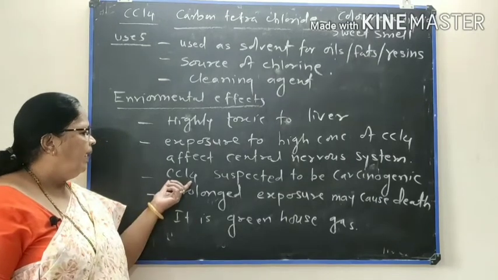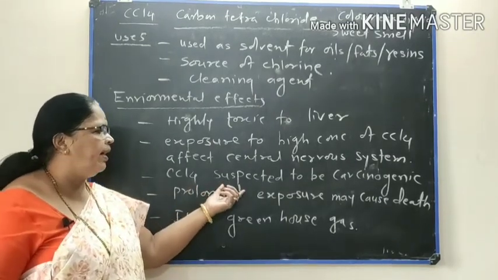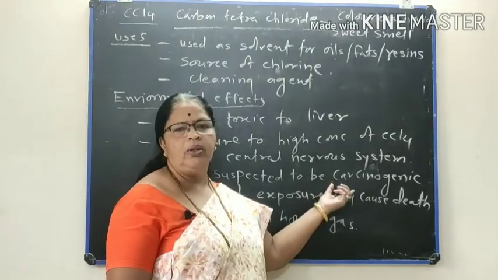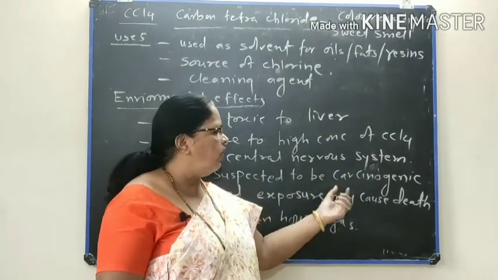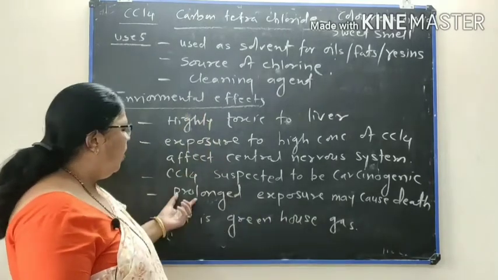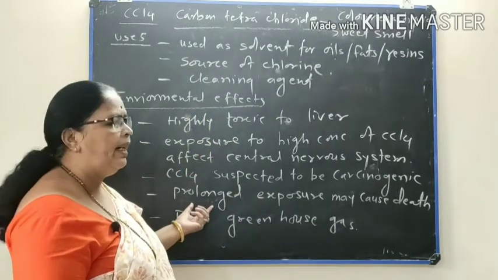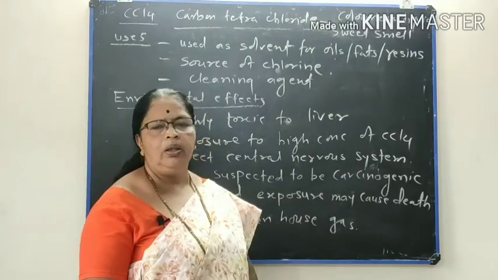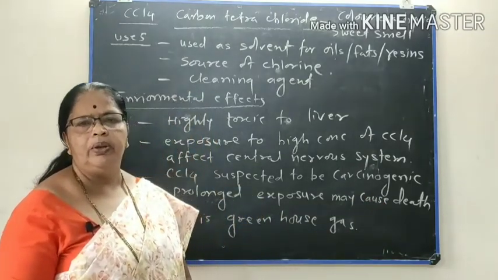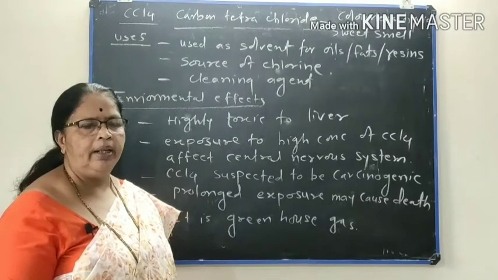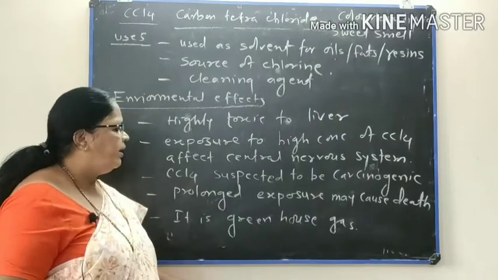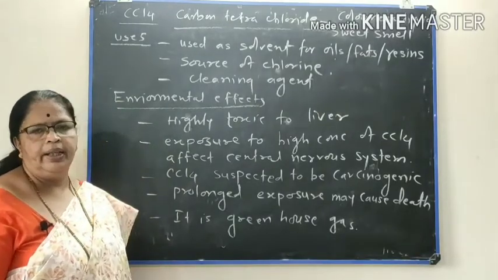Next, carbon tetrachloride is suspected to be carcinogenic, which causes cancer. Prolonged exposure to carbon tetrachloride causes death. And lastly, it is a greenhouse gas.